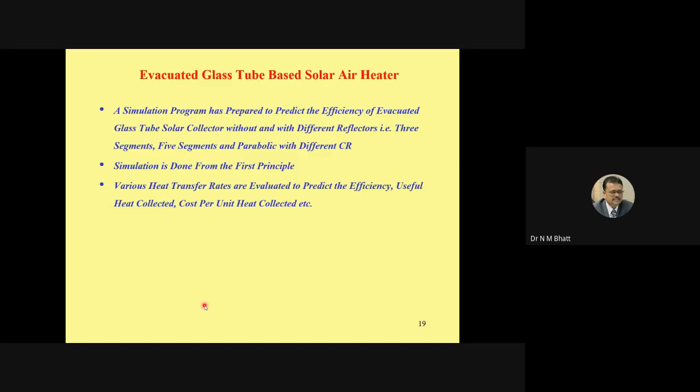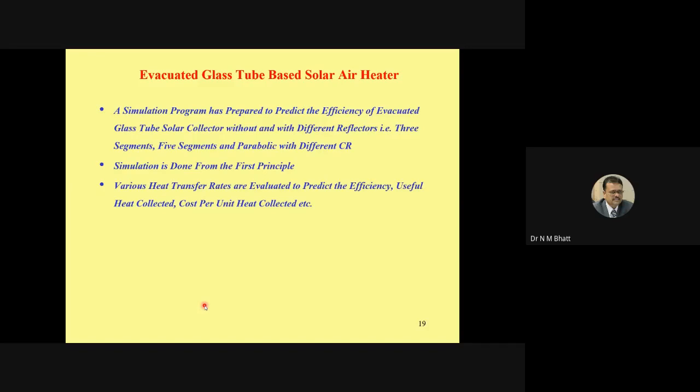Suppose you want to evaluate the performance of any thermal system, you can always use the basic fundamentals of heat transfer and predict the performance using the fundamental equations rather than going for the available software. You can always develop your own program so that you can get rid of the limitations of the software. So we have developed a simulation program to predict the efficiency of the evaporated glass tube based solar collector.